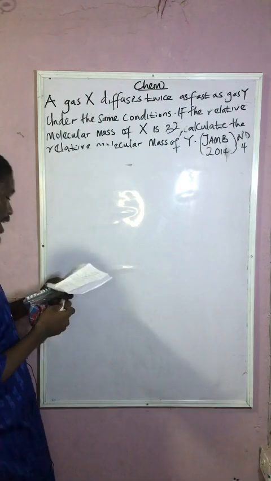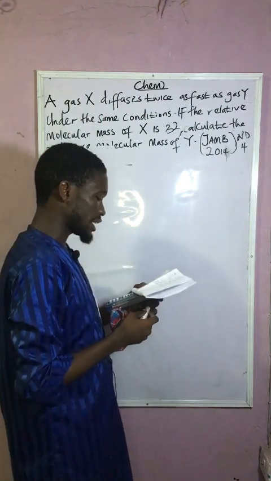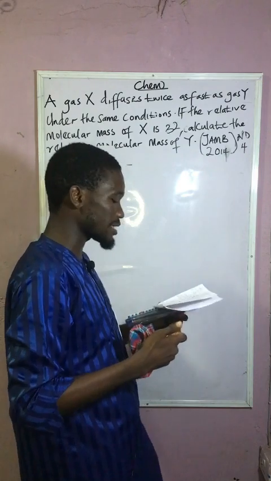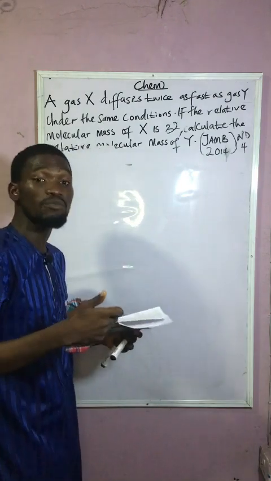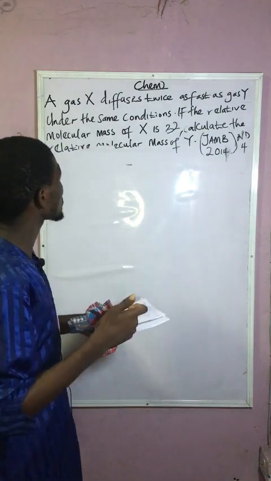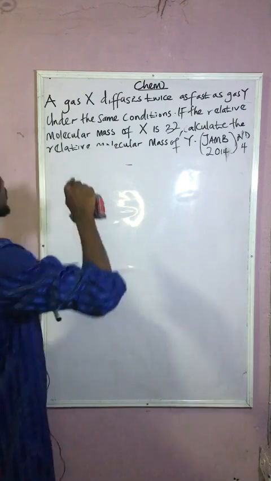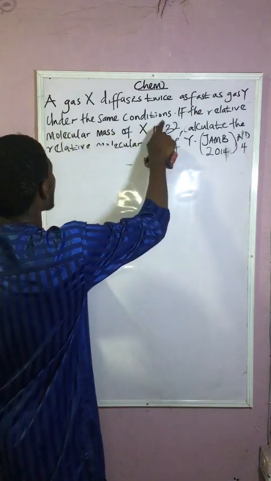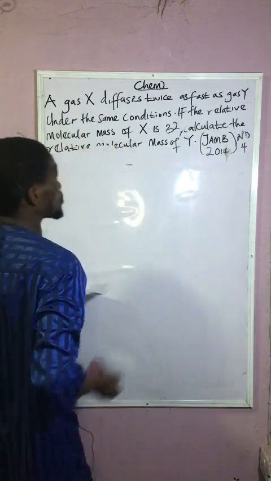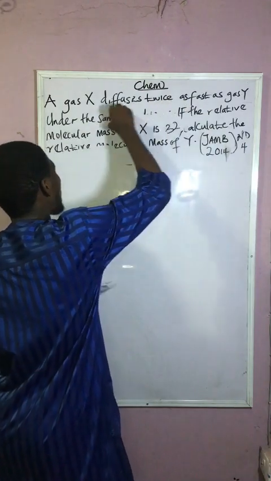So class, a gas X diffuses twice as fast as gas Y if the relative molecular mass of X is... but here we are not given, under the same condition, so this is out of it.